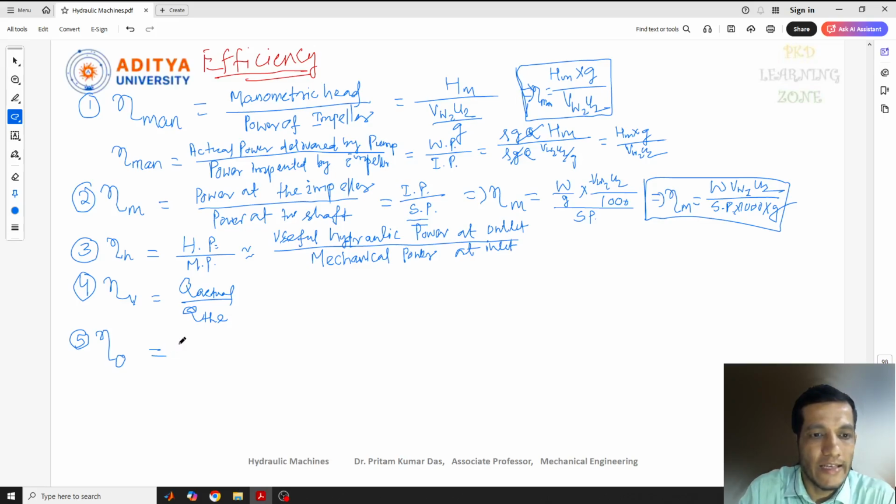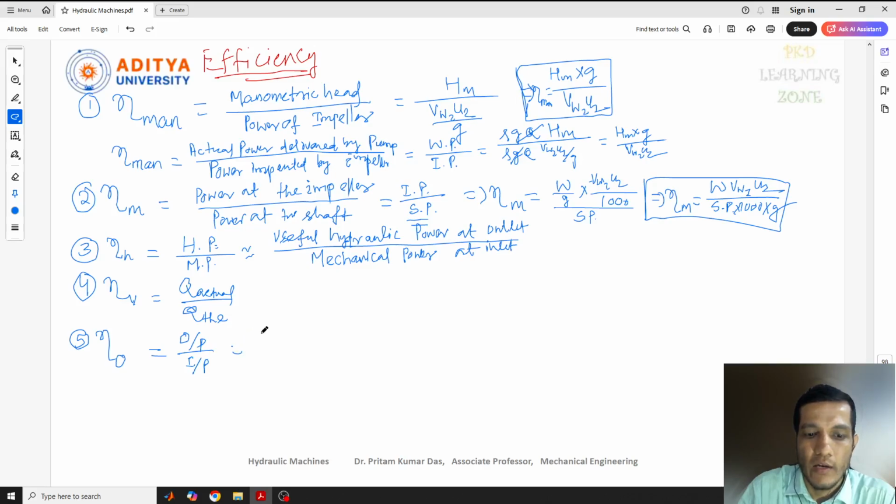So it is the ratio of, actually I'll write in this way, power output of the pump and power input to the pump. Anyway, we know that efficiency is nothing but output by input.